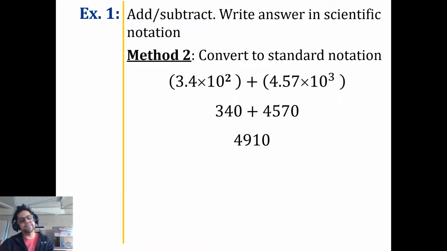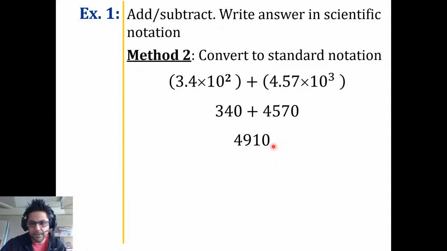Now that I have them added, I can convert them back to scientific notation. If you remember, I have to think about where my decimal is. It's at the back. How many times do I need to move it? 1, 2, 3, and that's why I have a third power there.